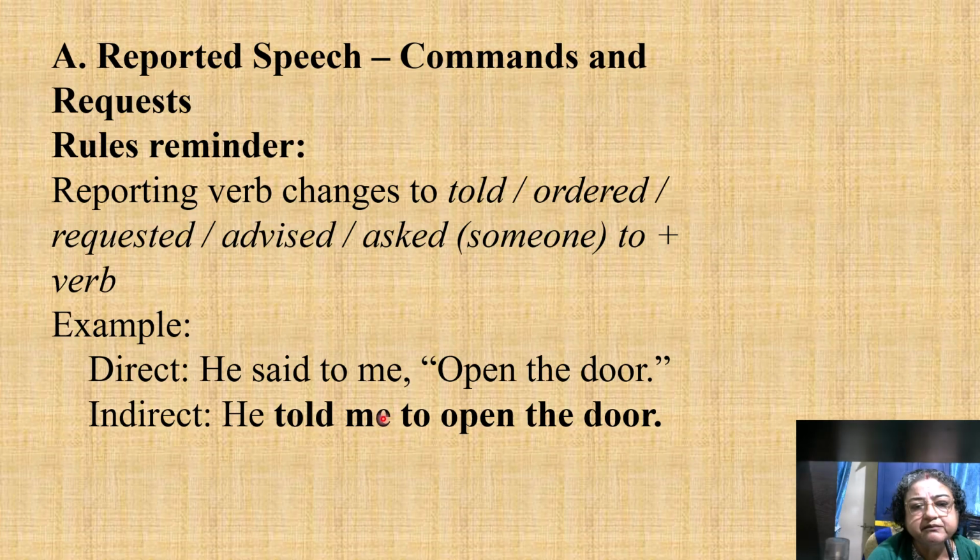So here me is the object in the indirect speech. So he told me to open the door, and this open is the base form of the verb. So here the reporting verb told plus object plus to plus base form of the verb. This is the structure of the indirect sentence.